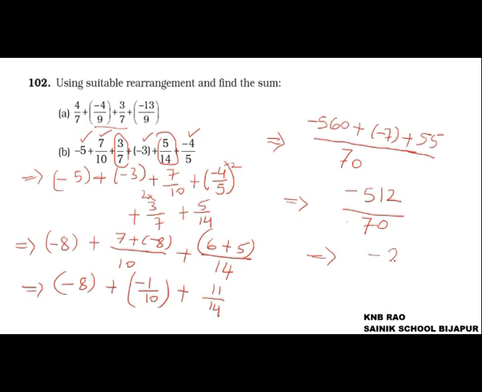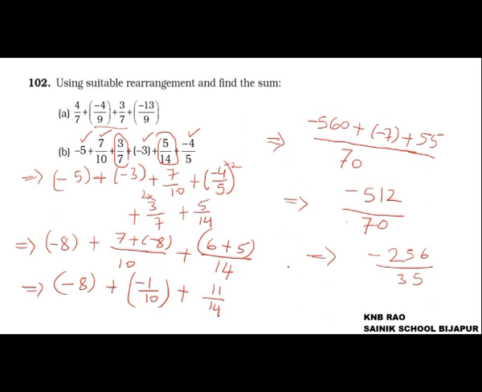Minus 256 upon 35. This is the right answer. So we interchanged them and rearranged them and we found the sum. So this is the answer.